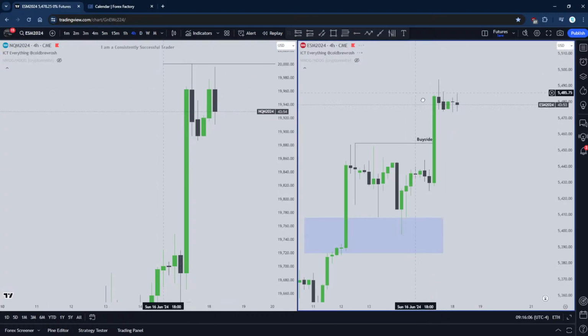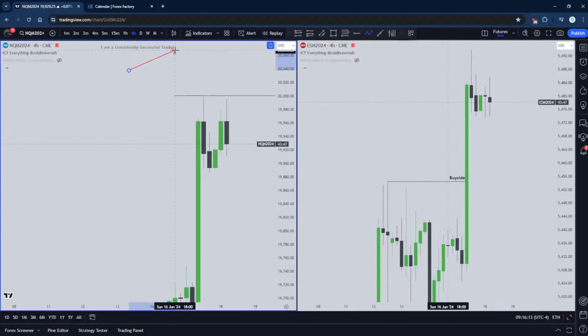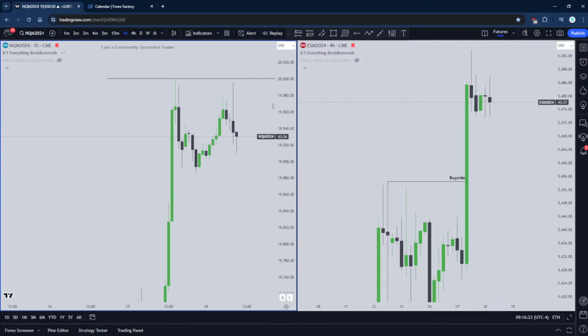Are we potentially making a failure swing? Because there's only two types of swings. There's a sweep, and then there's a failure. Potentially a failure swing. Let's check the hourly.